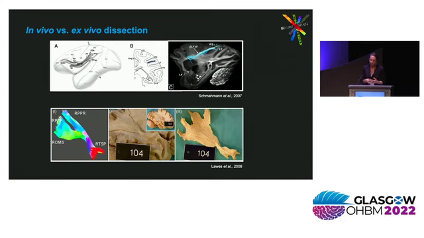And early comparisons of in vivo tractography to these post-mortem techniques showed that, for the most part, tractography could get the core part of the large highways of the brain correctly, but that to get to that part correctly, we had to do quite a bit of manual editing to remove the parts that tractography got incorrectly.